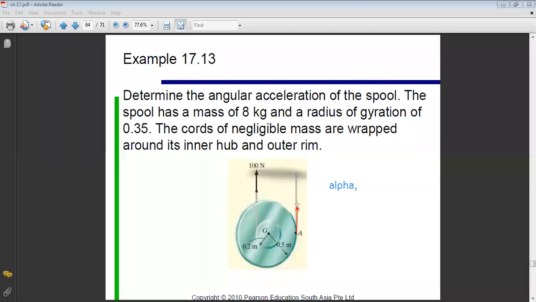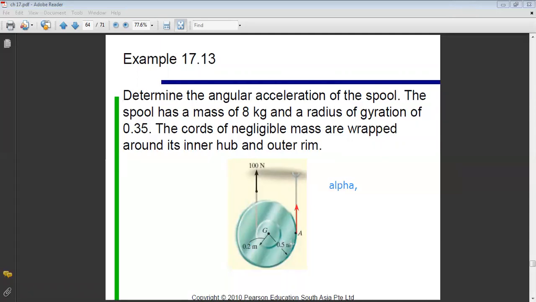But when they don't mention anything, then we can say that we have rolling without slipping. So at A, what is the velocity at A? The same as G? No. If we have rolling without slipping, this means what? Yes, very good, Mustafa. It's zero.